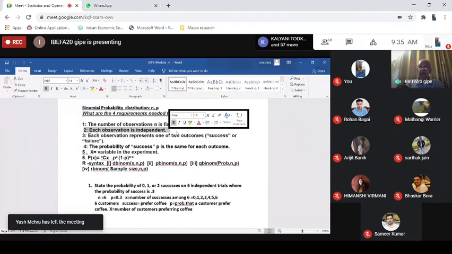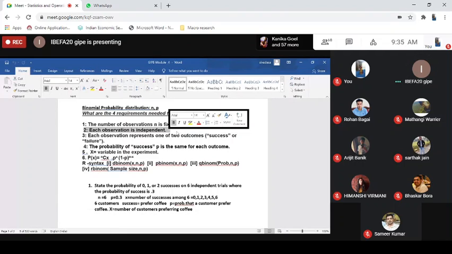A customer comes to the shop to buy a product, nothing to do with another customer. This is what we call independent. Each observation is represented as success or failure.